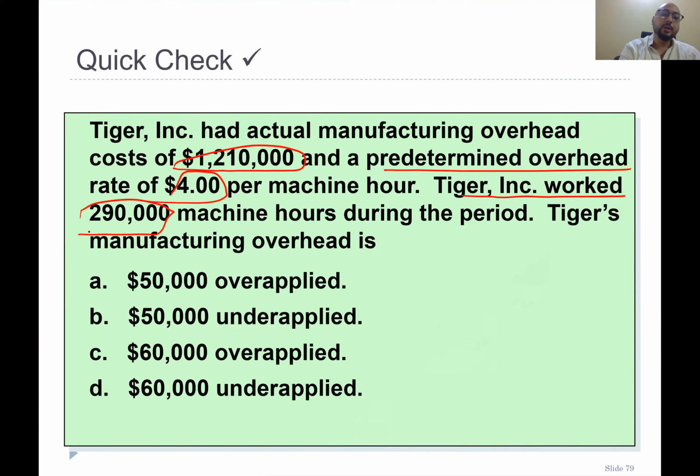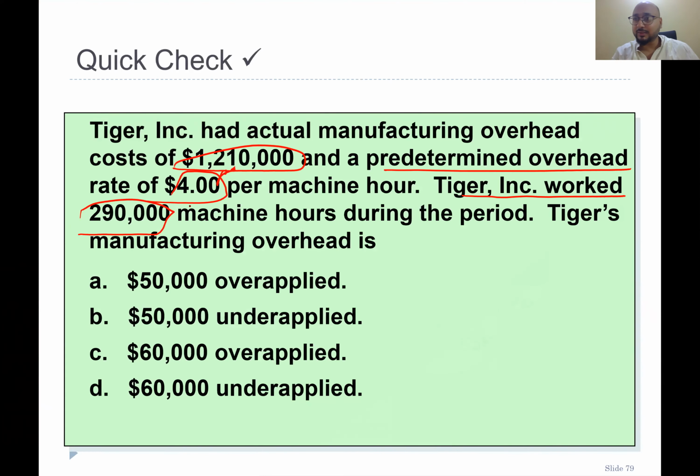The Tiger's manufacturing overhead is, first of all, whenever this kind of question comes, make sure that the actual hours and applied hours are the same or not. If not the same, then you cannot compare apple to apple. Then you multiply 4 with the actual one, not the predetermined one.